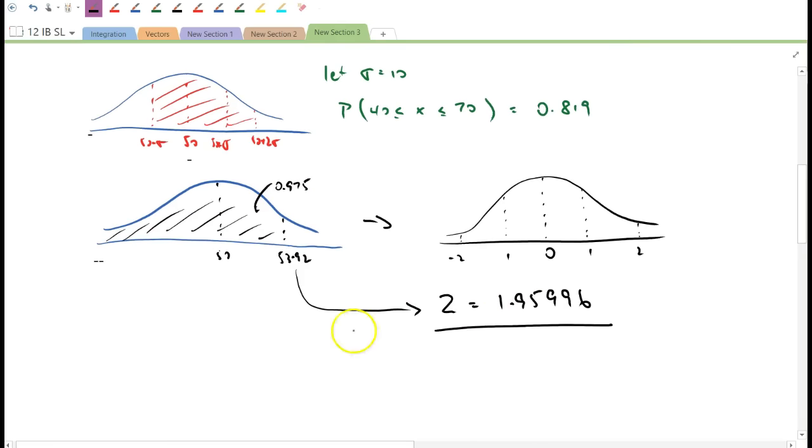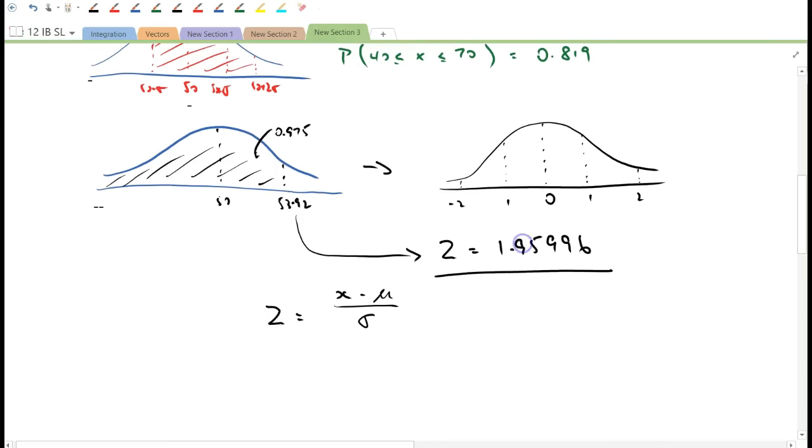Right, so how are we going to use that? Now z is equal to my score x minus mu, which is the mean, over the standard deviation. This is what we're trying to find. My z-score I've just found is 1.95996, which is equal to x, which is 53.92, minus mu, which is 50, over sigma, which is what I'm trying to find.